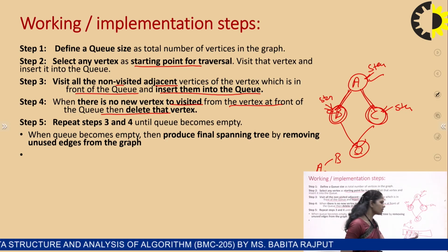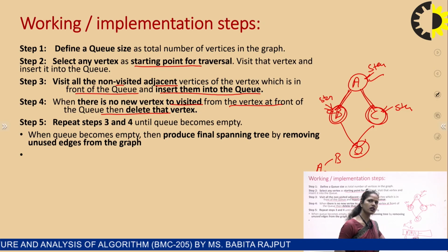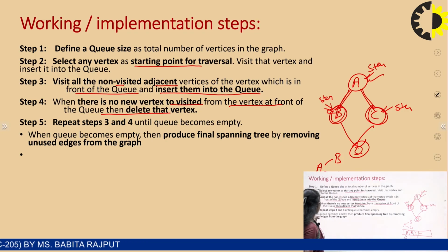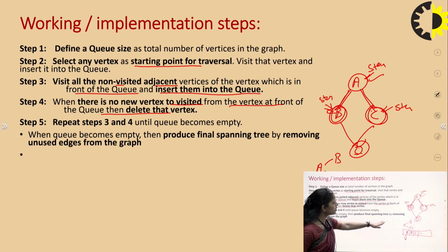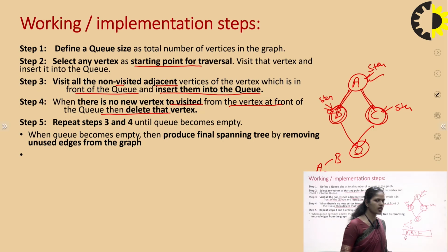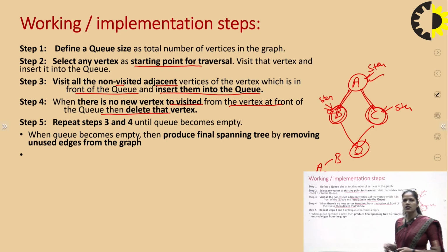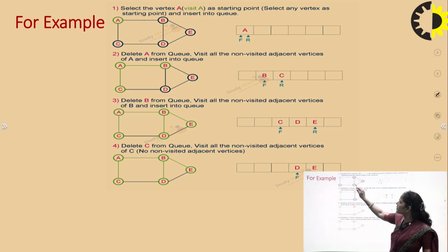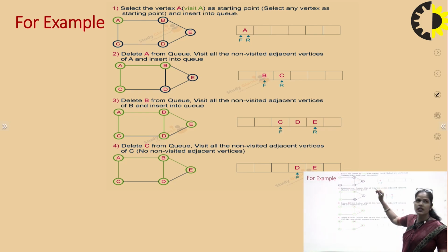So basically first I insert the adjacent neighbor nodes of the vertices, and one by one I delete and remove all nodes from the queue and make a path or a tree for the graph, right? This tree is also called a spanning tree, or you can say minimum spanning tree, for this particular graph. So this is the functionality, and how it works graphically we will understand in this example.